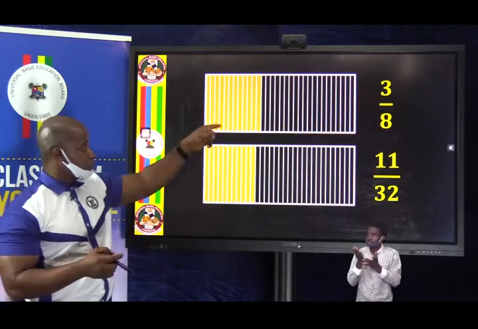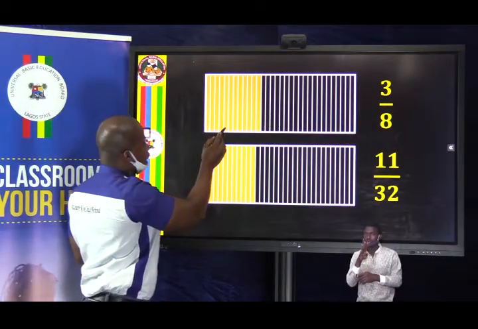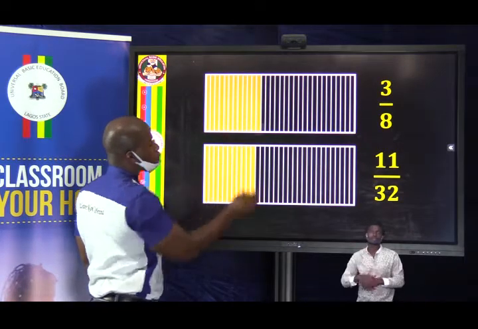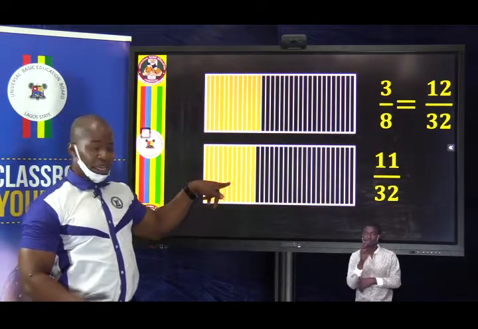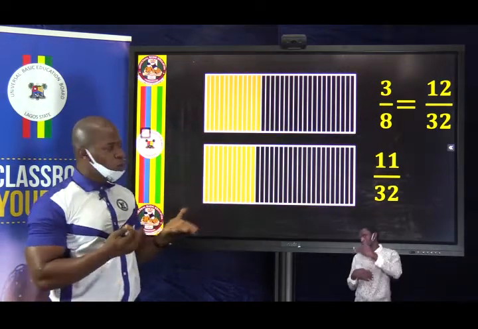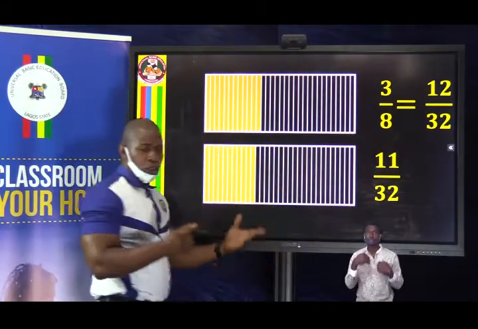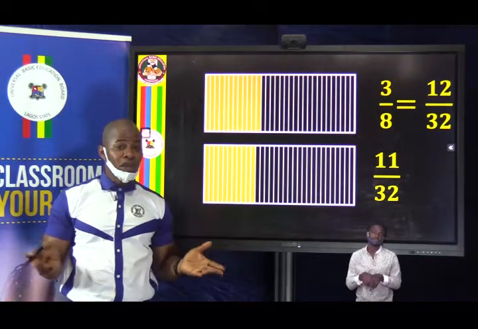So how many parts out of 32 are shaded? There's 1, 2, 3, 4, 5, 6, 7, 8, 9, 10, 11, 12. That's 12 parts out of 32, and this is 11 parts out of 32. So if we make the bottom the same, 32, somebody that scored 12 out of 32 has done better than somebody that scored 11 out of 32.